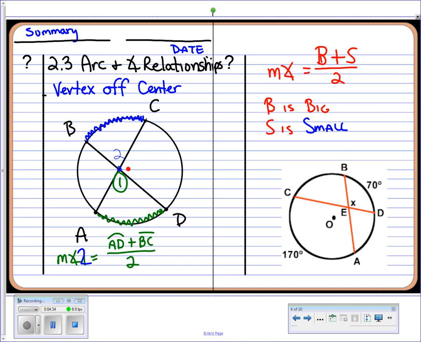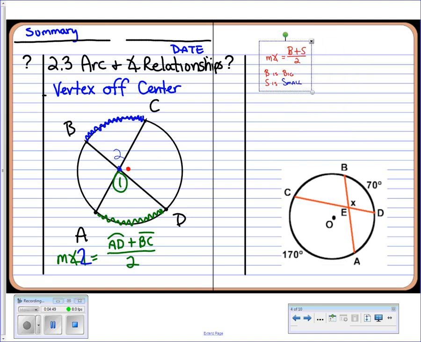And so if we take the big arc and the small arc, add them together, divide by 2, we get the average of these 2 arcs. And that, in fact, is equal to the angle. All right, so I'm going to move that idea down to be a little bit smaller and out of the way. Hopefully that was big enough for you to have in your notes.